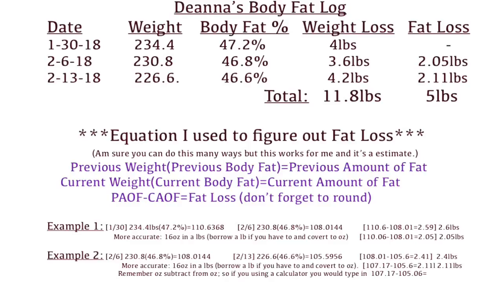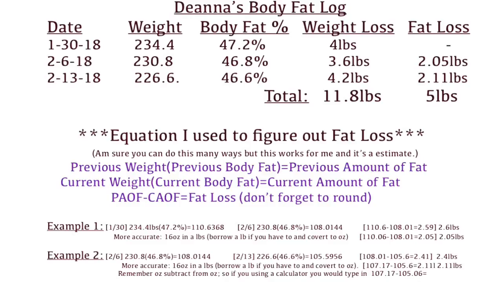Now, for example 2, February the 6th, which is 230.8 pounds times 46.8% body fat, equals 108.01. That's rounded, of course. Then we do the 213 weigh-in, which was 226.6 times 46.6% body fat, which equaled 105.59, which I rounded up to 105.6.